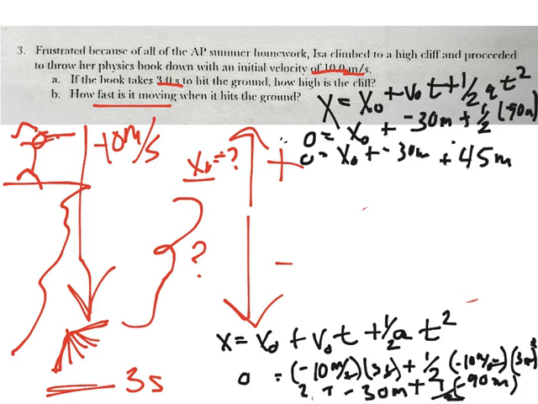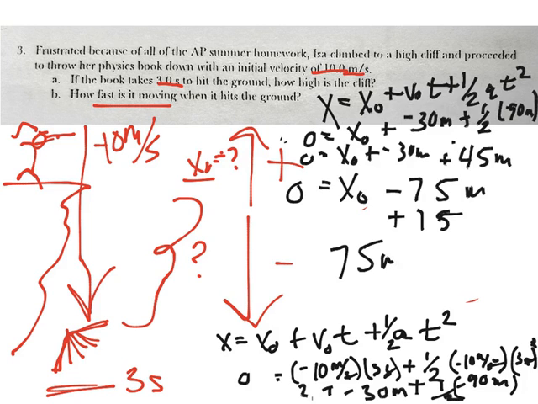So your number is essentially just going to get bigger as far as negative goes. So it's going to be negative 30 plus 45, 75 meters. And if you have to do the math on this one, you can. But if x minus 75 meters equals 0, if we add this to the other side, we get 75 meters equals x naught.